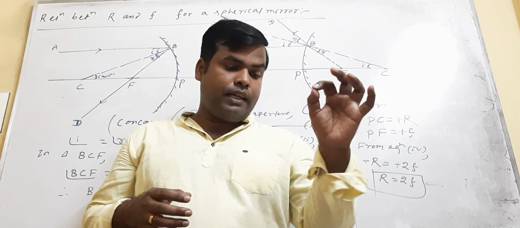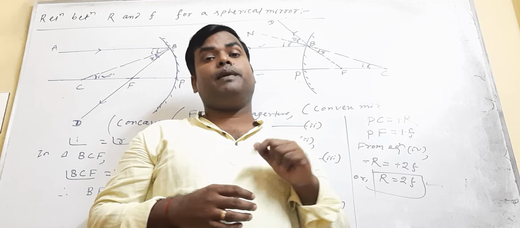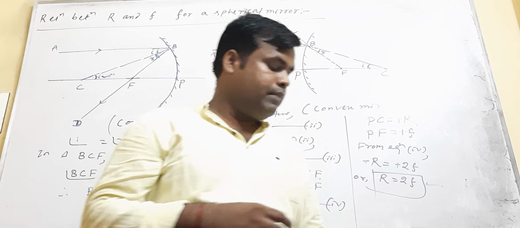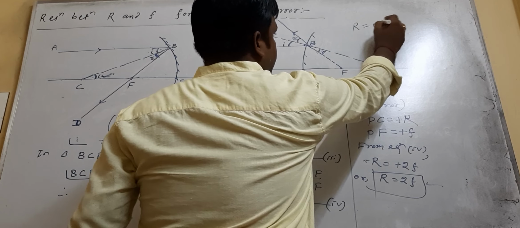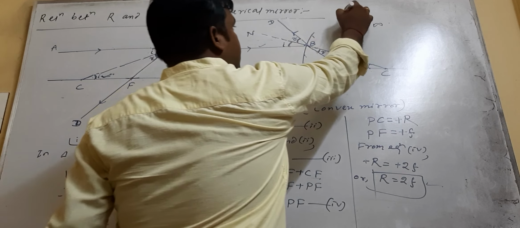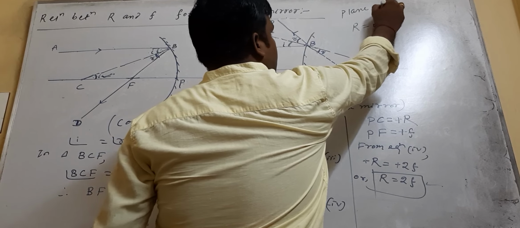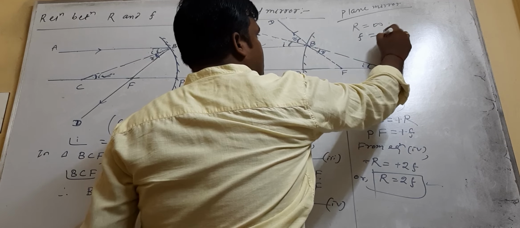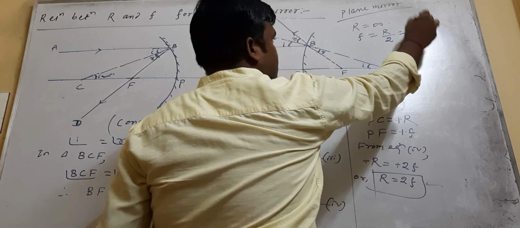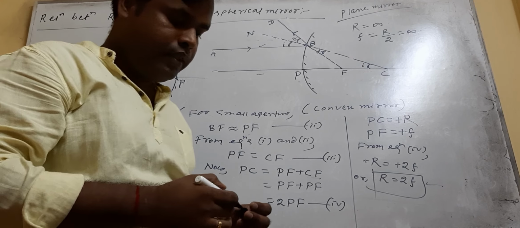So remember that the radius of curvature of a plane mirror is infinity. If the radius of curvature is infinity, then what is the focal length? Focal length is R by 2, that is infinity.